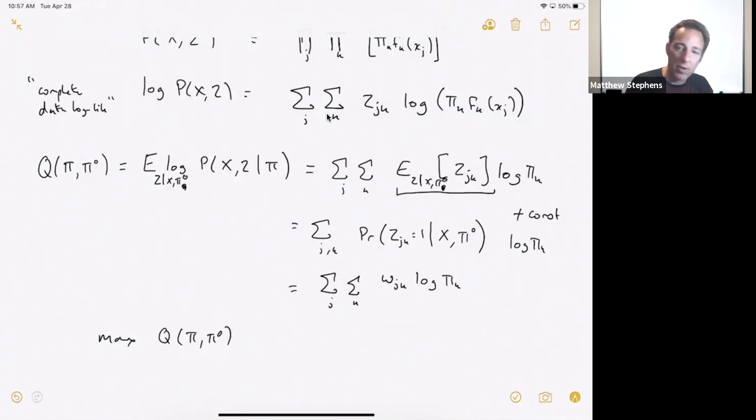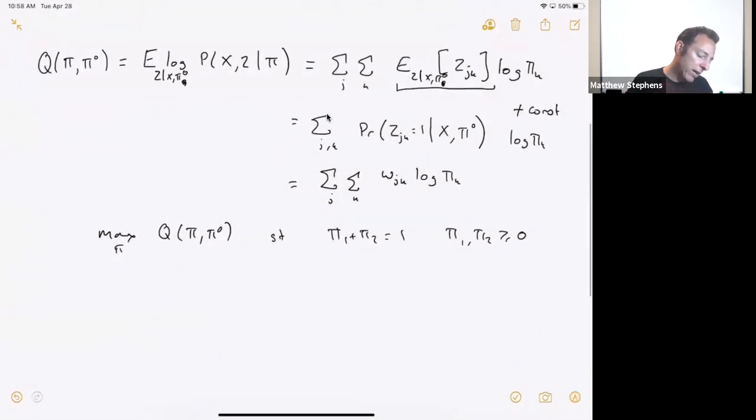Of course Wjk depends on pi 0, but I've left that out just to simplify the notation. So if we want to maximize over pi, subject to pi 1 plus pi 2 has to be 1, and pi 1 and pi 2 are obviously non-negative.